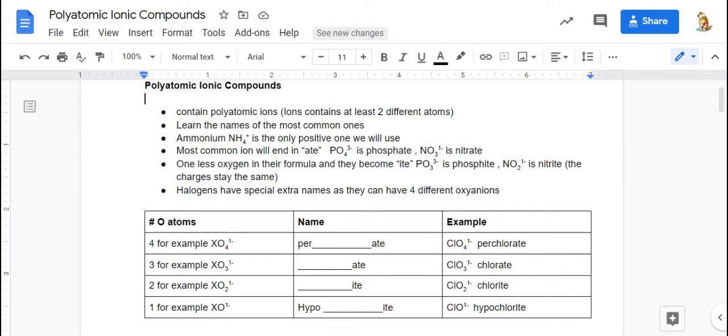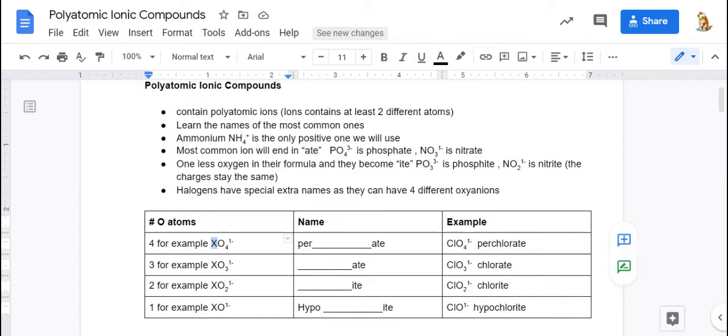So in this table, I've shown you the formulas for all of the possibilities for the halogens for oxyanions. Here, you can see we've got the halogen represented by an X. So you just substitute in the halogen and you'll get your formula.